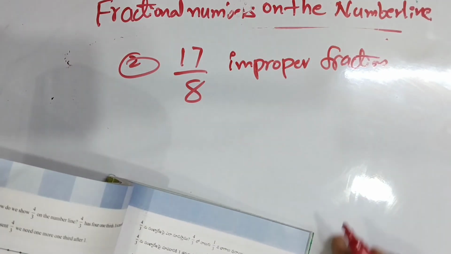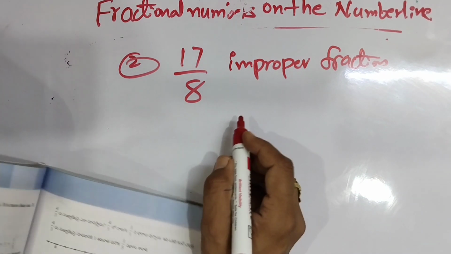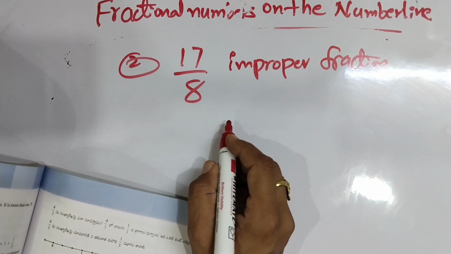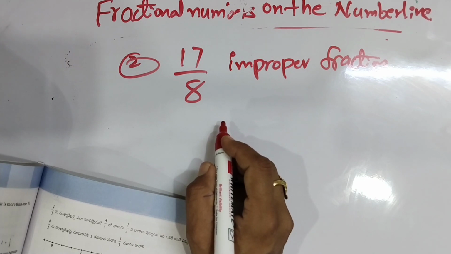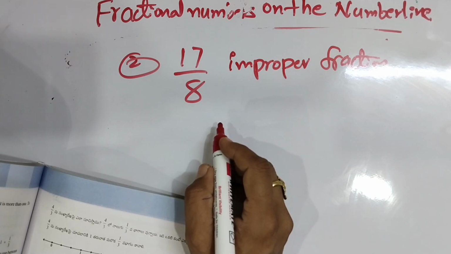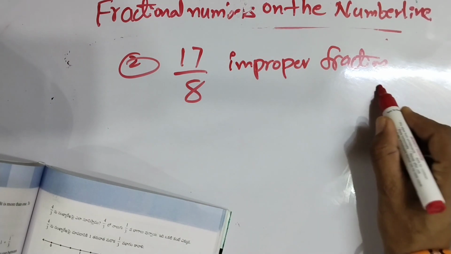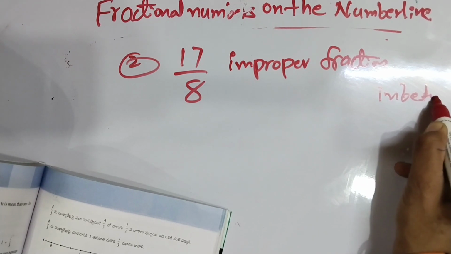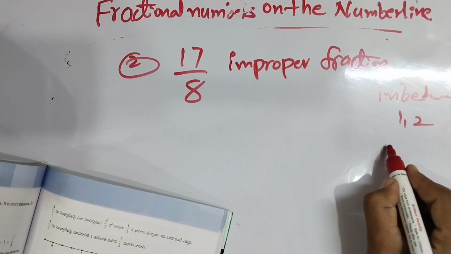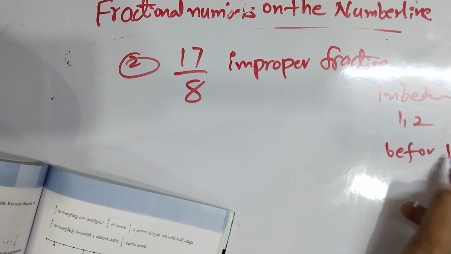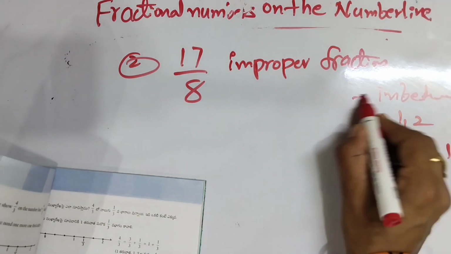What is the question? Which of the following lie on the number line in between 1 and 2, and before 1. Two conditions they have given.